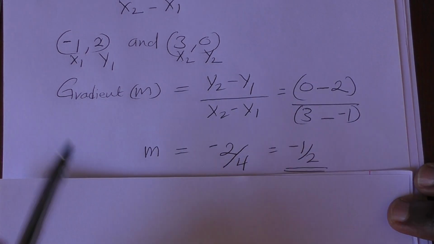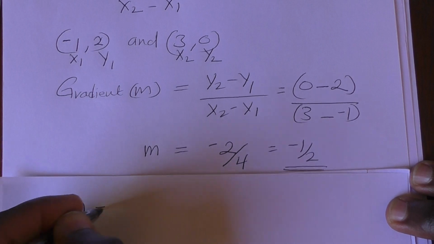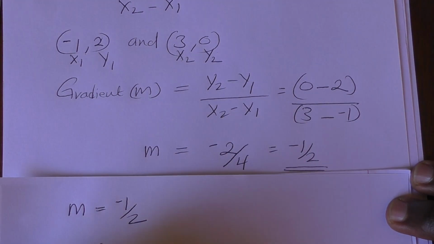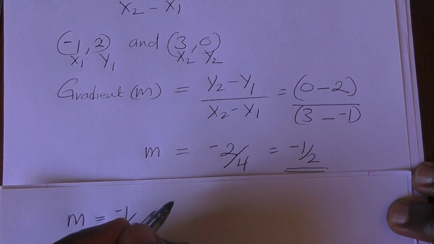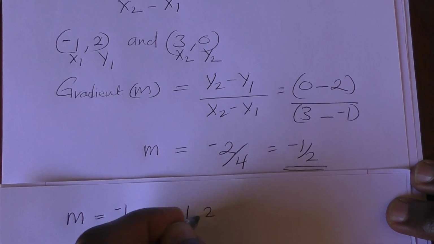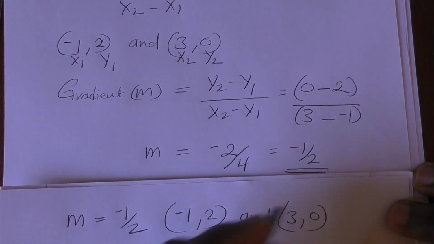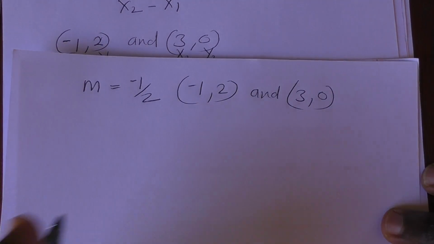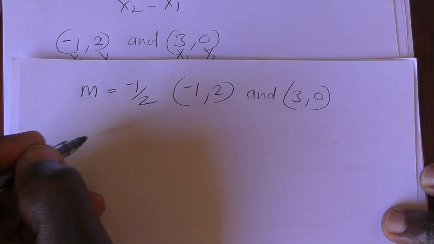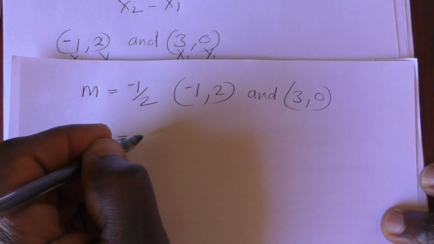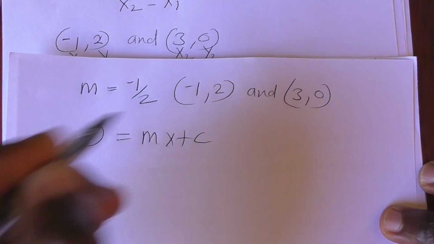Since we have our gradient as negative a half, then we have our 2 points, which are (negative 1, 2) and (3, 0). So, remember the equation we are finding is in the form of y equals mx plus c.